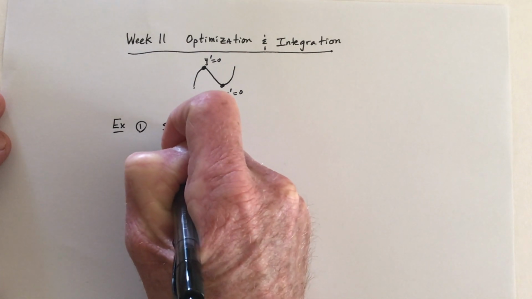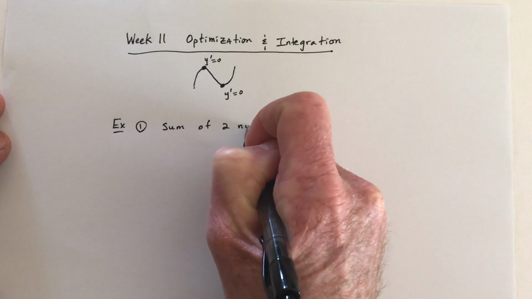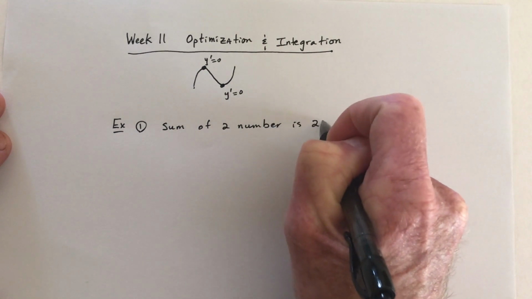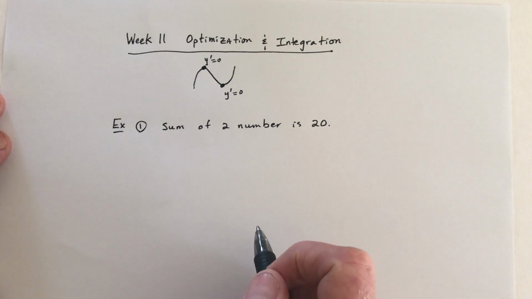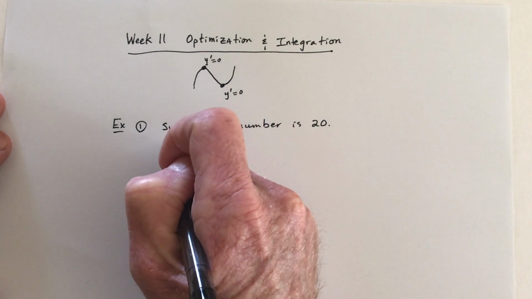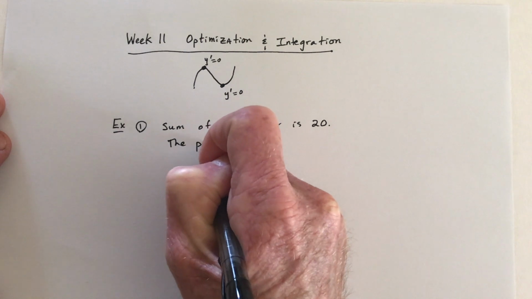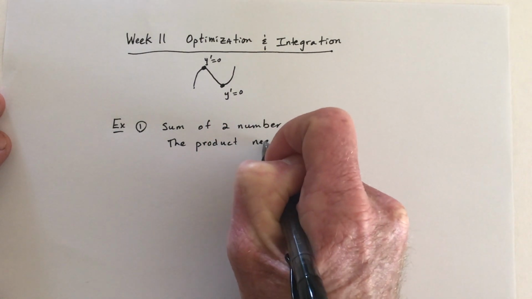So suppose that you know that the sum of two numbers is 20. So maybe it's a 2 and an 18 or a 10 and a 10, something like that. The two numbers add up to 20. And then the product needs to be maximized.